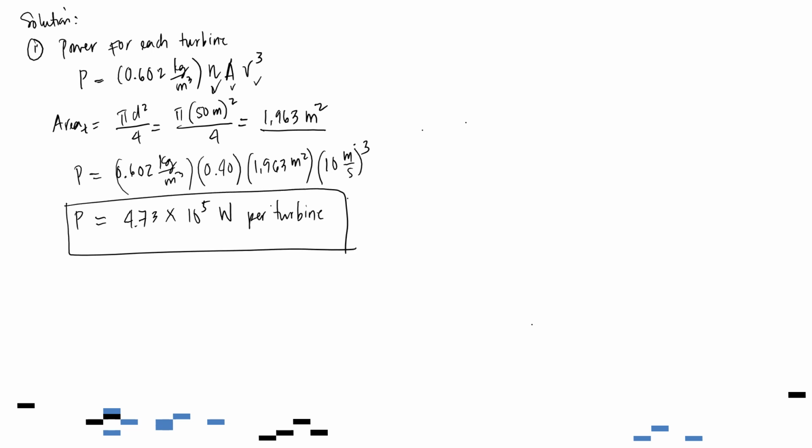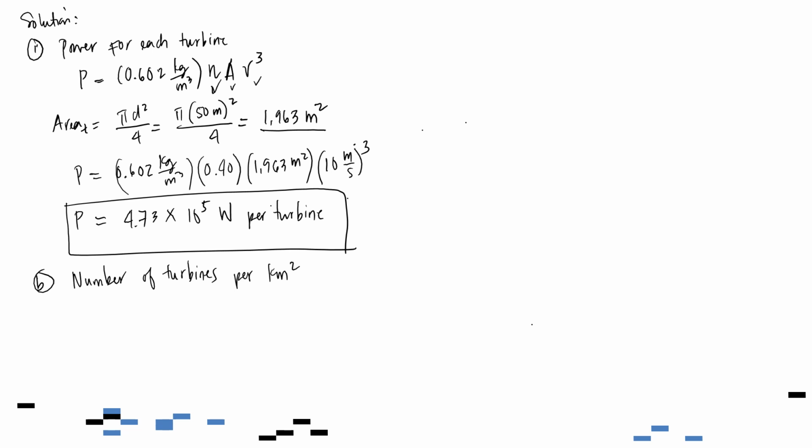So the next step is to calculate the number of turbines per square kilometer. So how do we do that? In 1 square kilometer, how many turbines are there?